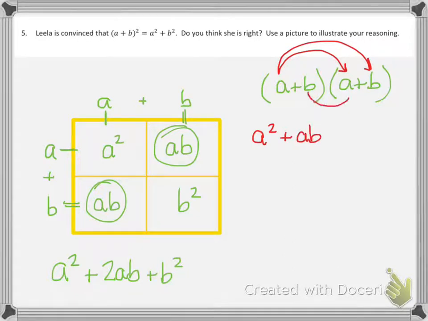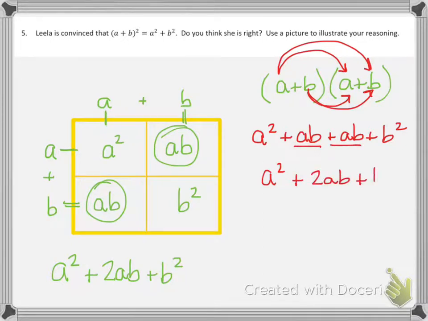And then b times a, that's a positive ab. And b times b, that's a positive b squared. So we get a squared plus 1ab plus 1ab is 2ab plus b squared. And we get the same answer using the distributive property.